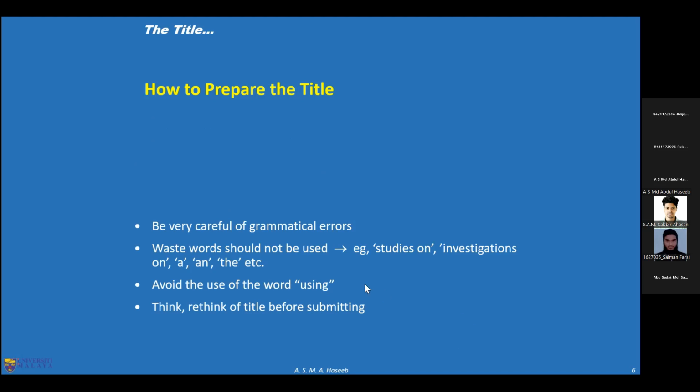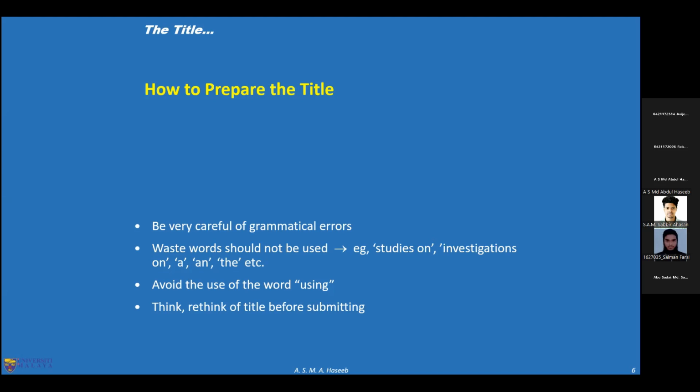And in order to make the title short, there are some relaxation of the grammatical rules. For instance, you can omit the articles a and the, etc. from the title. Although in normal grammar, you would include them in a normal paragraph, but in the title, you can take out these articles.